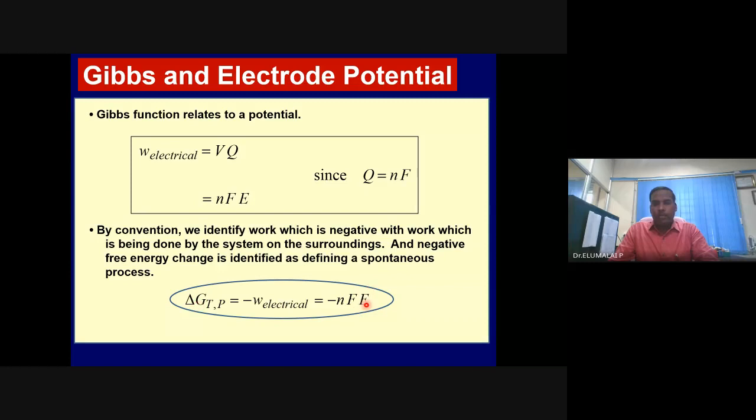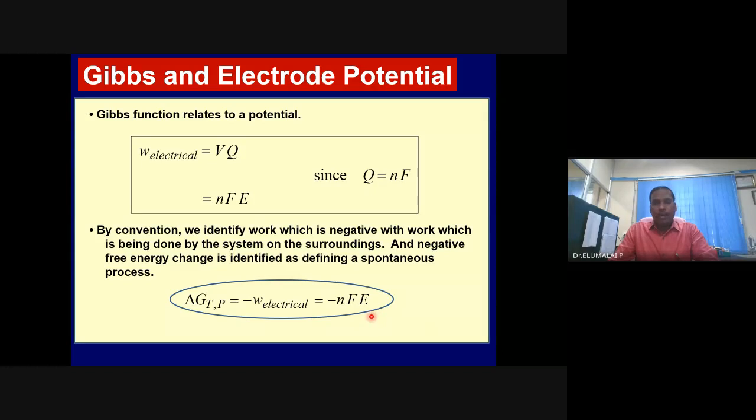When E is negative, delta G will be positive. We encounter an electrolytic cell. Of course, E can be 0 also. In that case, delta G is 0. The reactions are said to be in equilibrium conditions when we have delta G 0.